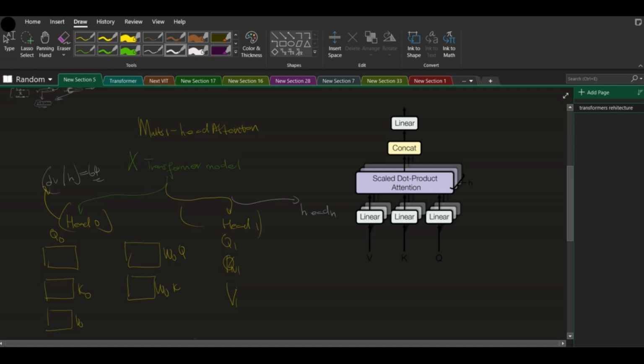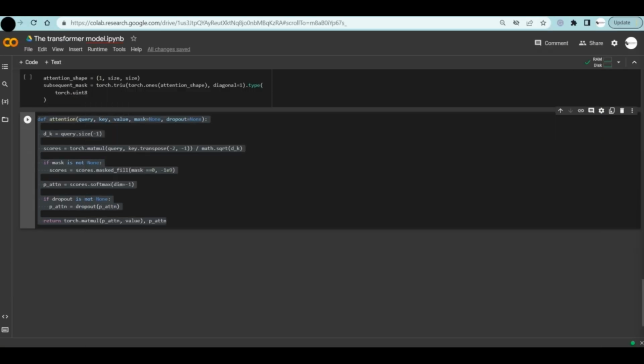So the dimensionality will be smaller for each head, and the computation will be the same as if we're applying one head or one self-attention. Each head essentially gets a small piece. But anyway, I think I'll explain things better if I get into the code.